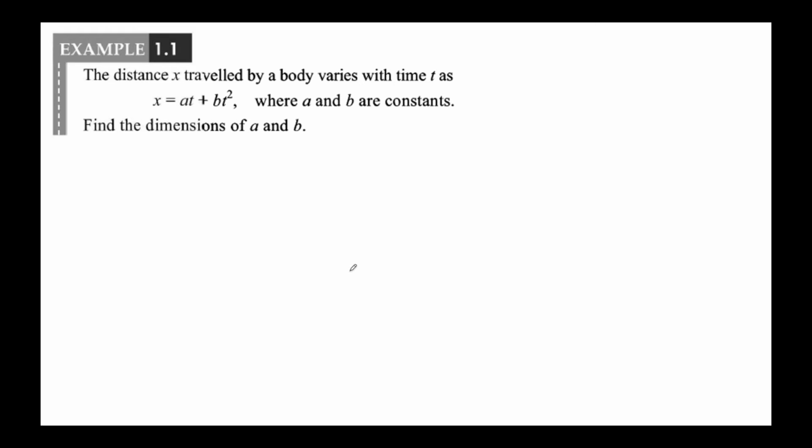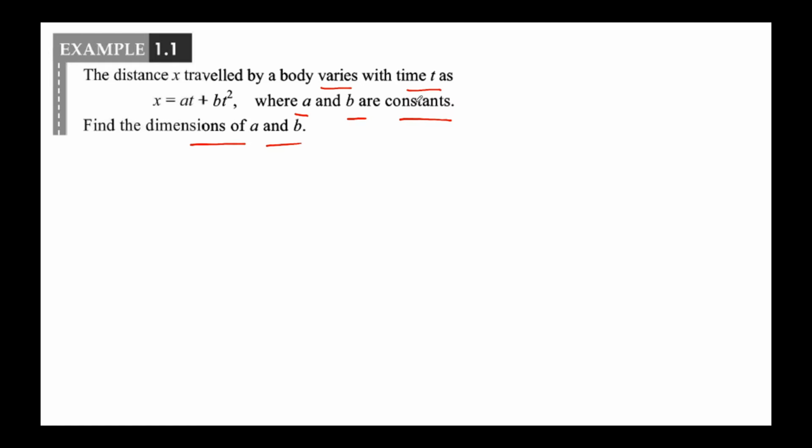Principle of homogeneity. So the first example: the distance x traveled by a body varies with time, and the equation is given as x equals at plus bt square, where a and b are constants. We have to find the dimensions of constants a and b.